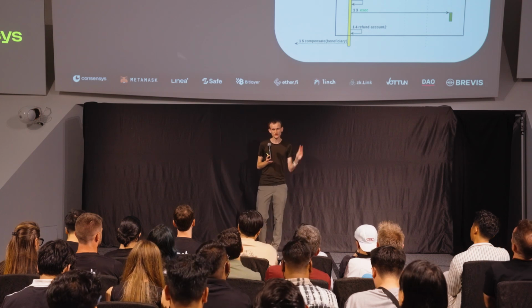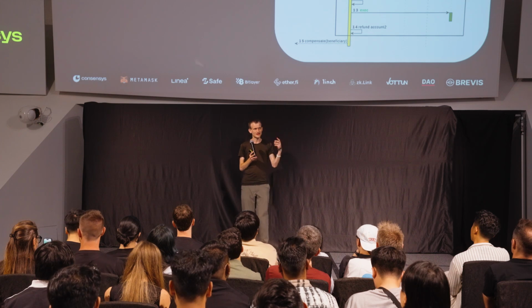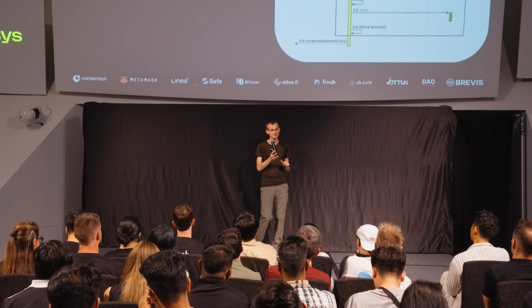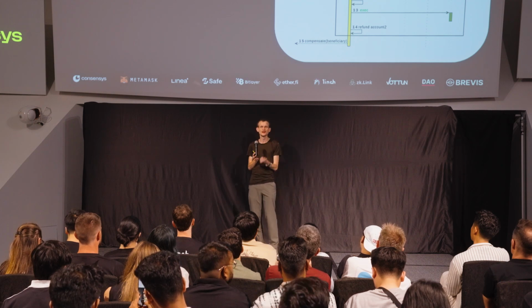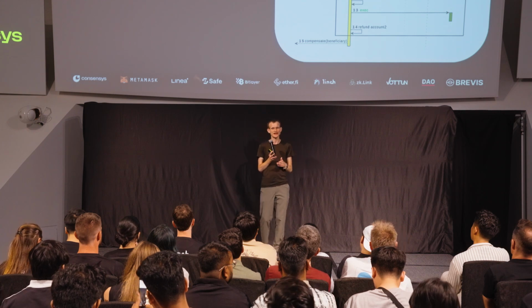The other part of where 4337 came from is that at that time, there was this community of people that were interested in use cases like letting applications sponsor transaction fees for their users, like letting people pay transaction fees in stablecoins or in whatever asset they have, right?